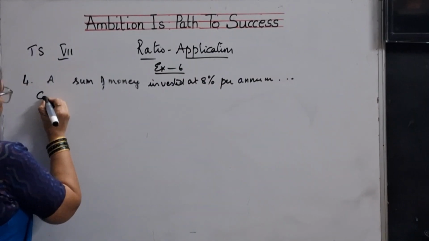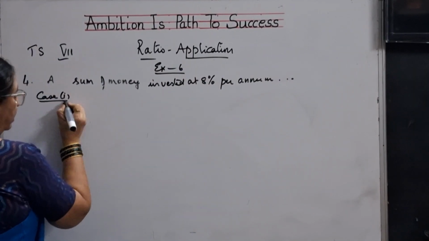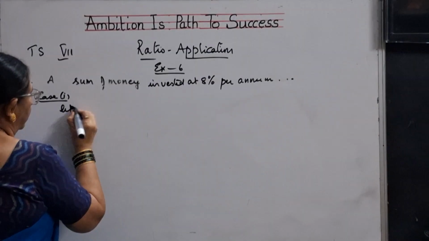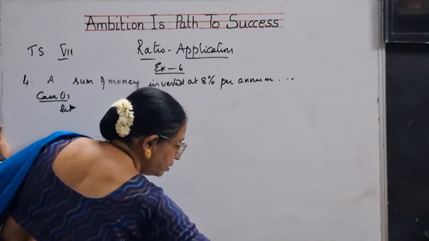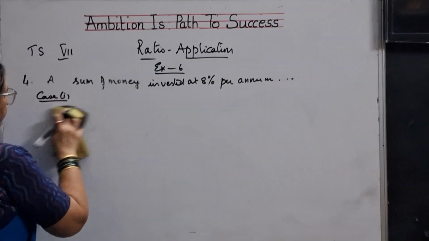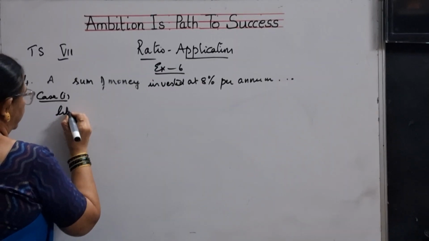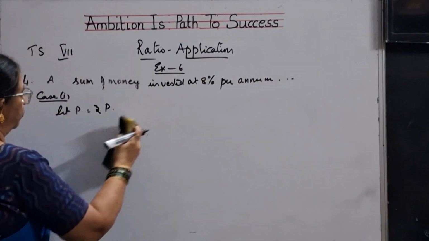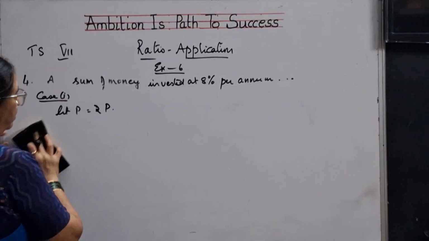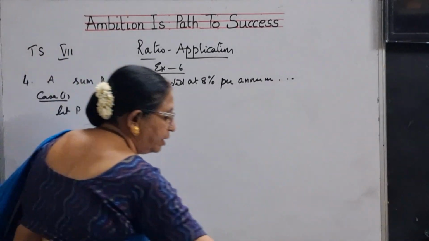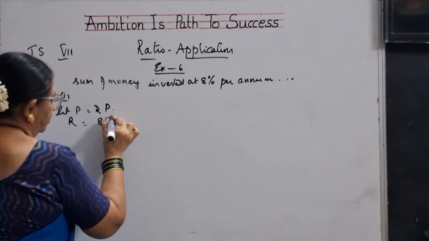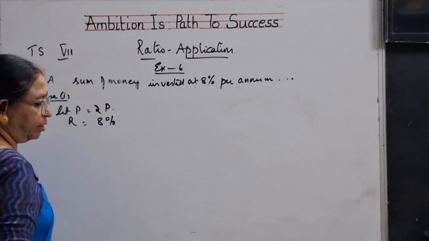That will be easy for you to understand. In case 1, a sum of money, let us consider the principal as rupees P, and the rate is 8% per annum.